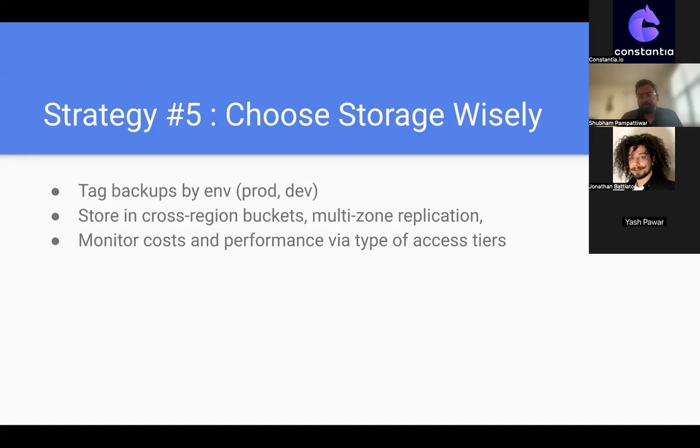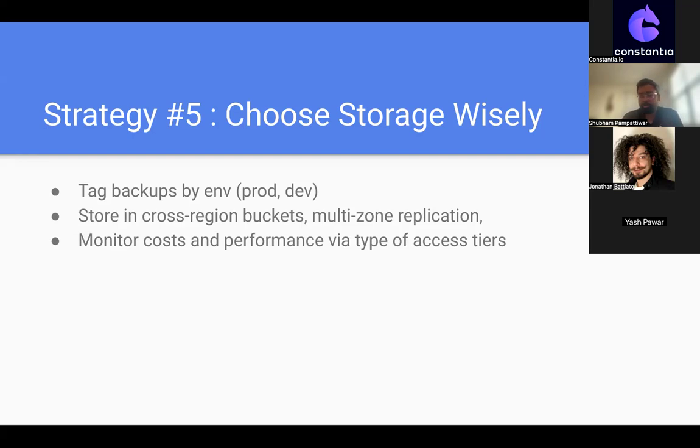Another thing: if you're using buckets to store backups, in general object storage is used for backups. So ensure that they are replicated across regions, or that multi-zone replication is enabled and so on, so you always have an insurance policy in place even if one region or availability zone goes down. And we all know that cloud costs can be overwhelming sometimes.